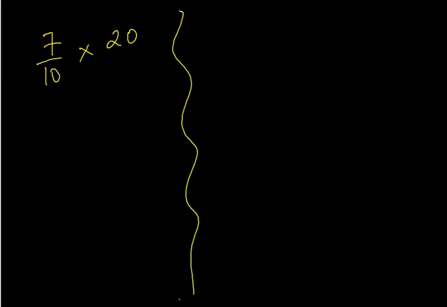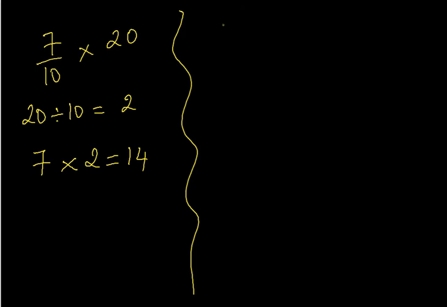Now there's a few ways you can tackle that question. Let me show you one of them. Look at the top, the whole number, which is the 20, and ask yourself whether you can divide it with the bottom number, which is the 10 here. And we know for a fact 20 divided by 10 gives you 2. So you're left with 2 for those two. So finally you can just write it as 7 times 2, and that's equal to 14.